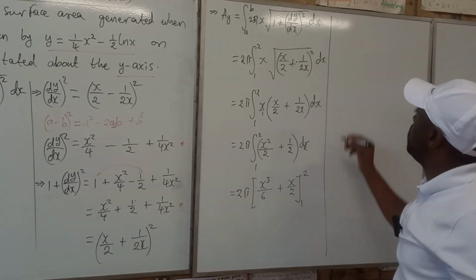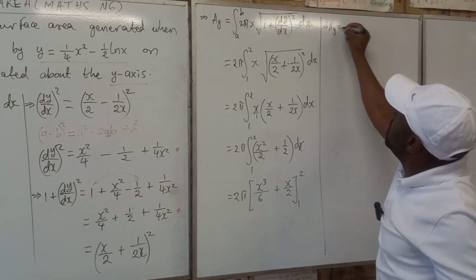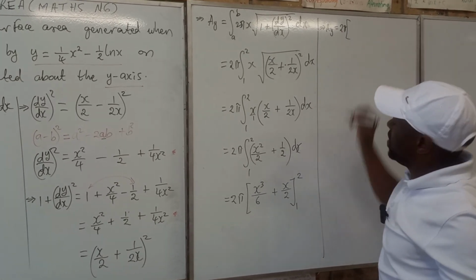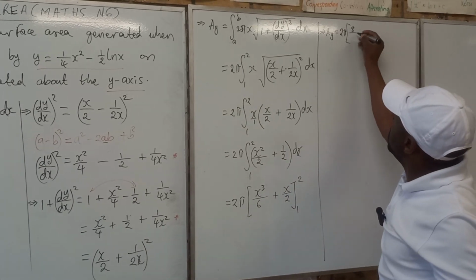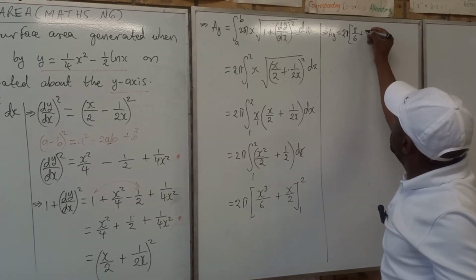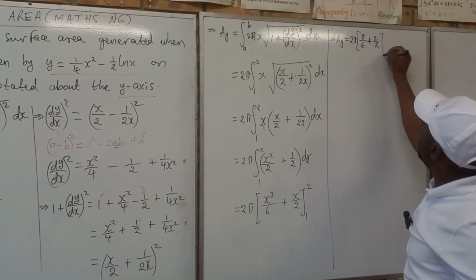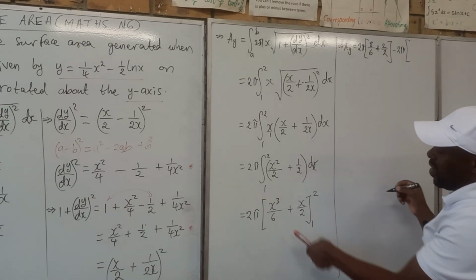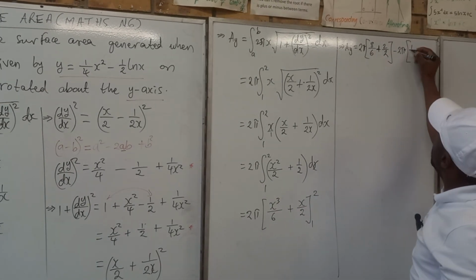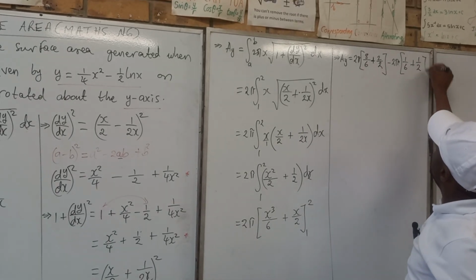It's now time to put my limit. So my area is equal to 2 pi. If I start with the upper limit, which is a 2, I get 2 cubed, that is an 8 over 6, plus 2 over 2. Then I close my bracket, I start the process again, then I replace x by 1. If I put 1 there, I get 1 over 6, plus 1 over 2.